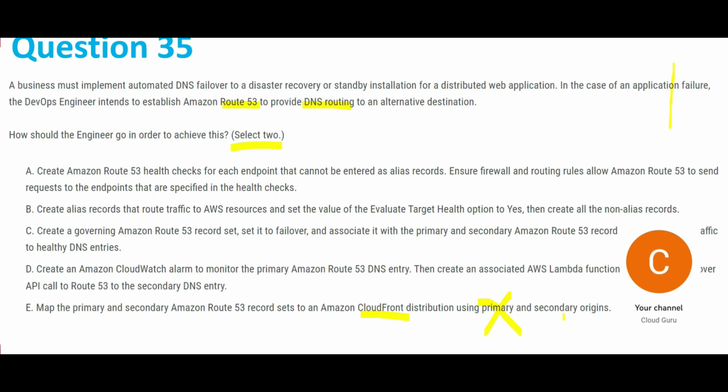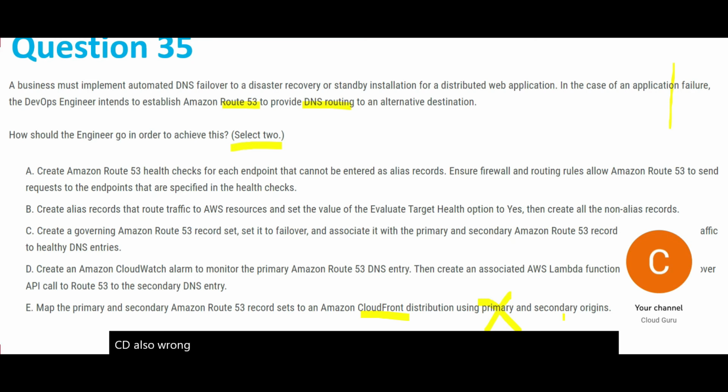D is also wrong because it is not automatically doing the routing. Automation is there, but it will use a CloudWatch alarm. This is not good. It will take a lot of time. I gave the example of Amazon.com. Maybe it went down and it got routed, and you didn't come to know. It should be in a flash. The CloudWatch alarm will take a lot of time.